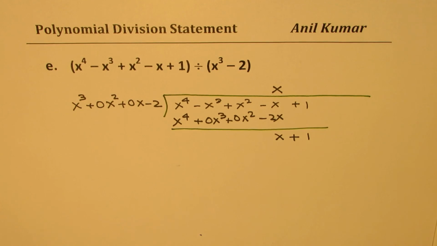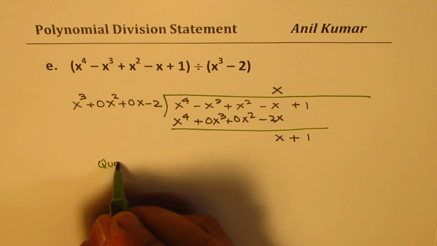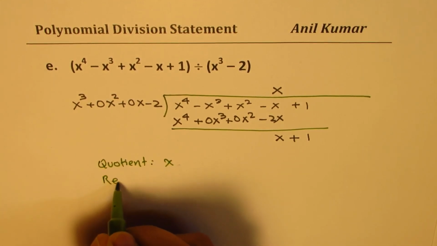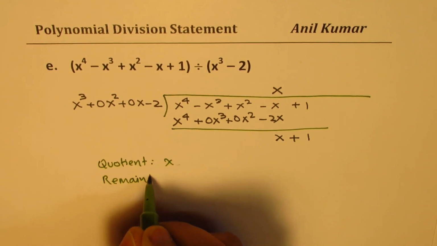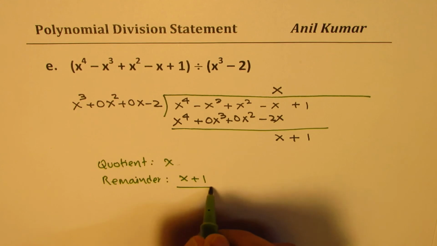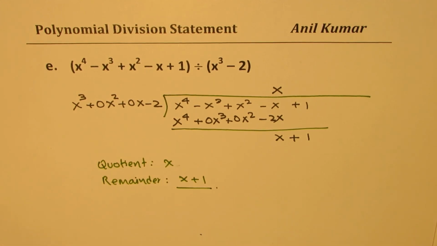So in this particular case, we have a quotient which is x, right? And the remainder, which is x plus 1. That's it. So that is how we should be dividing polynomials to get our quotient and remainder.